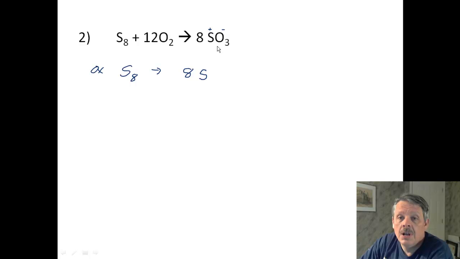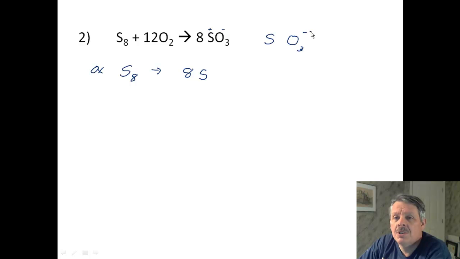Now what kind of charge do these sulfurs have? We probably have to figure that out. If each oxygen takes on a -2 charge, and we have 1 sulfur, they have to balance. We got 3 of these, which have a -2 charge. That would give this entire thing a -6 charge, which means that sulfur, believe it or not, has to have a +6 charge.